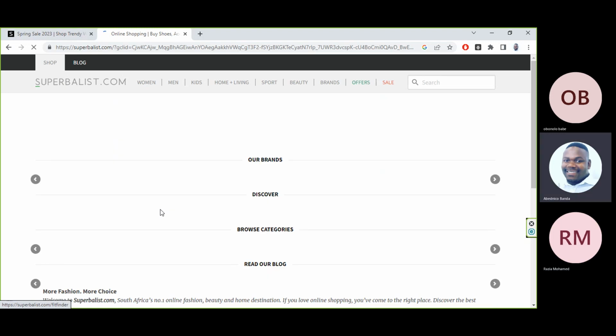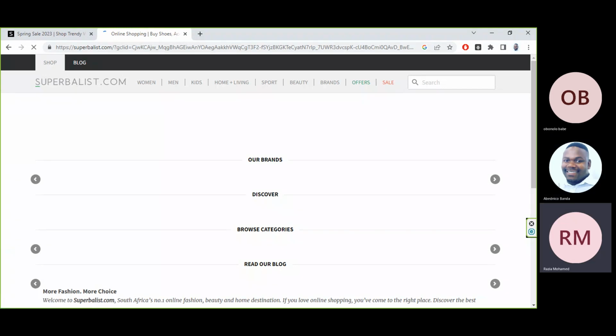Guys, do you know Superbalist, right? Yes. I think in terms of internal capabilities, Superbalist, because it's local, I think they have more capabilities.